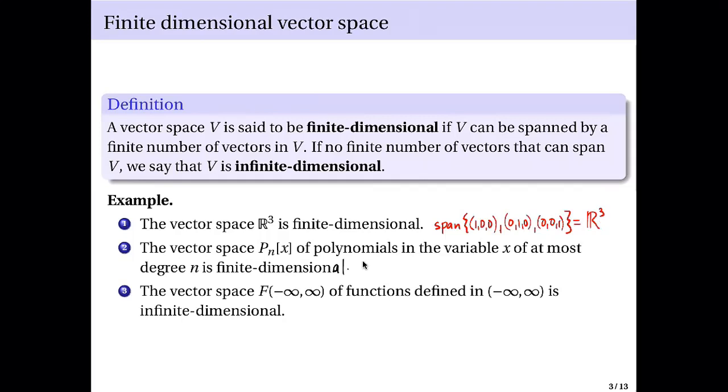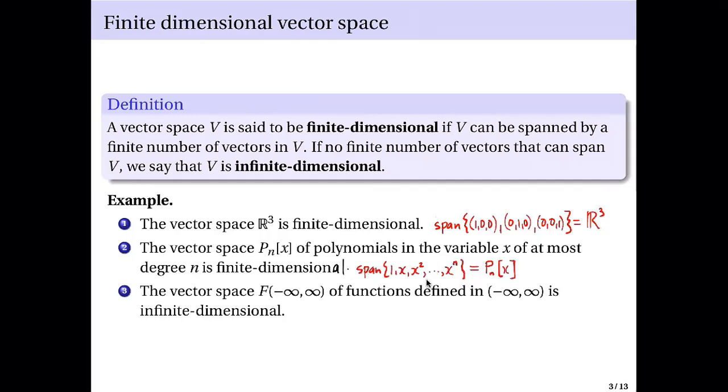The second item here, if you look at the span of your set 1, x, x squared, until x to the n, if you get the span of this, you will get your Pn of x. To show this, let me just write this part here.